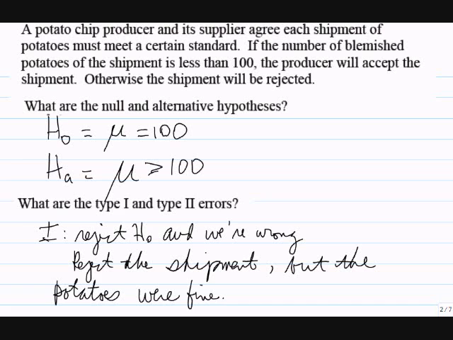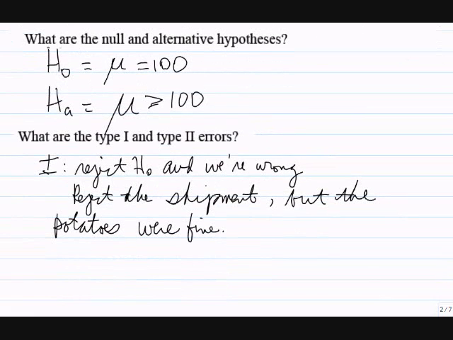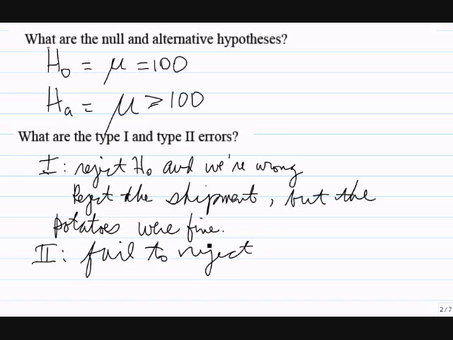My type 2 error is that I fail to reject the shipment. So I fail to reject my null hypothesis. And we should have.